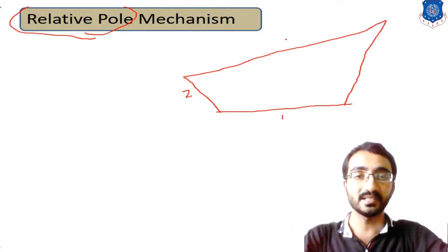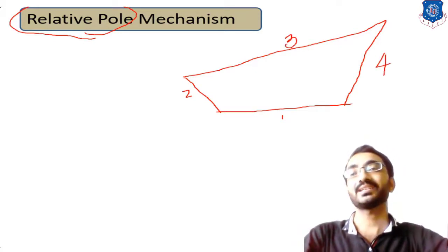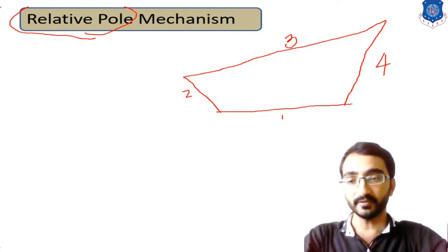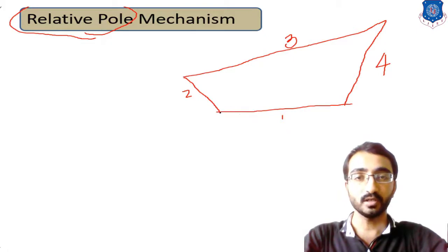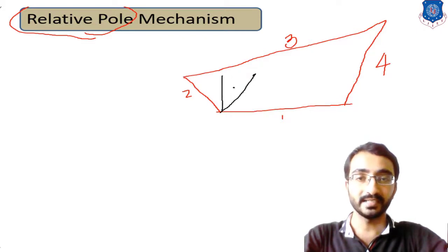Let's consider A, B, C, D, with the 4 links positioned like this. Now, after some time it reaches its second position, which is like this. Let's consider a 90-degree rotation.